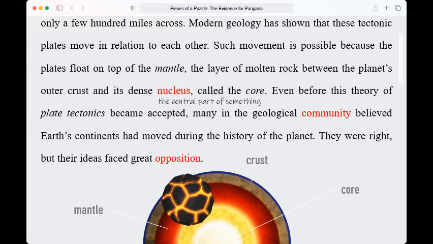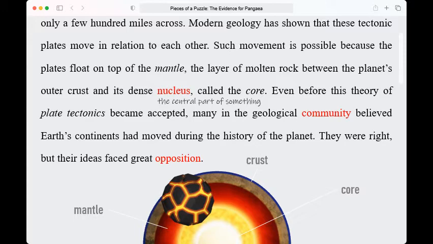The reason that the outer layer, the plates, or the outer crust can move is because the crust, the plate, is on top of this area called the mantle. A mantle is comprised of molten rock. And what is molten rock? Molten rock is rock at such a high temperature that it is less solid and more like a liquid.